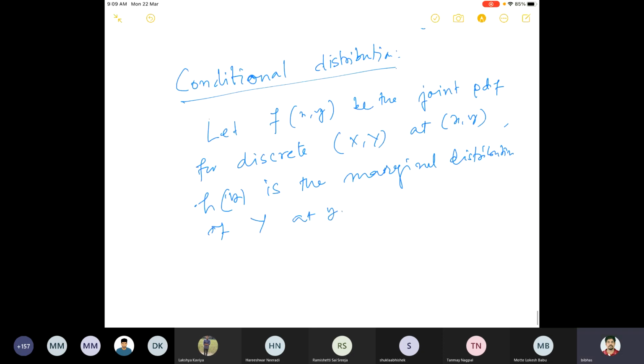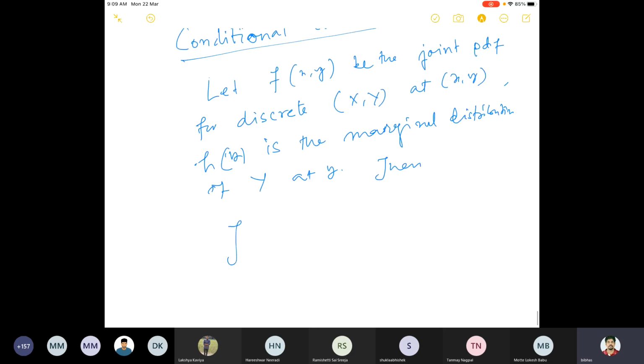Then I denote it like this: f of x given y is equal to f(x,y) by h(y), of course when h(y) is not equal to 0.